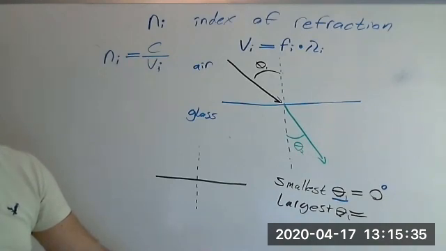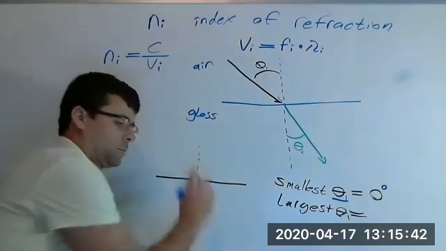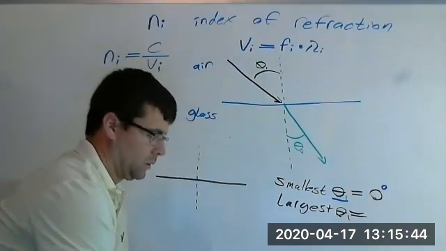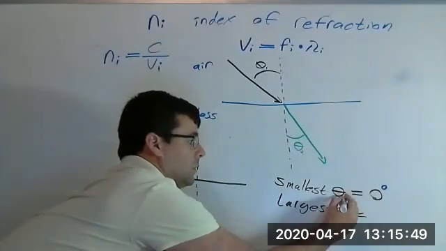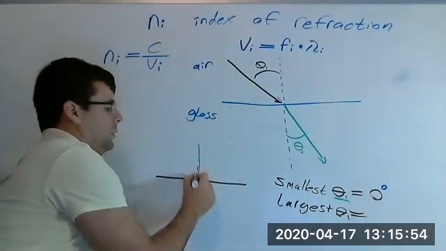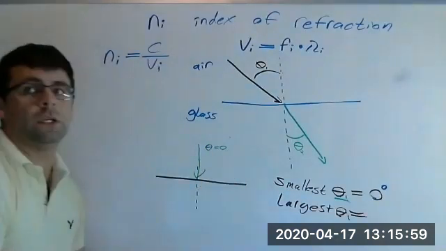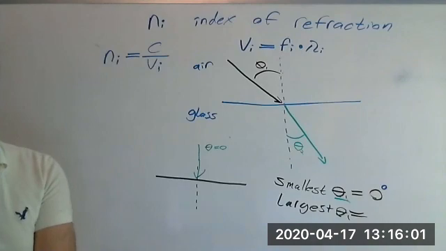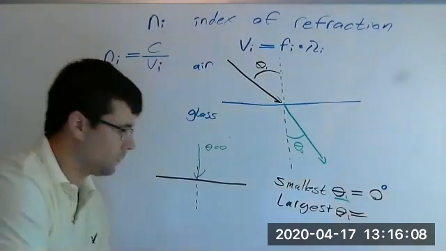No. Or would it be coming straight down? It'd be coming straight in. Yeah. So let's do green, actually. Blue's a little close. So it would be a line going straight down. Okay.